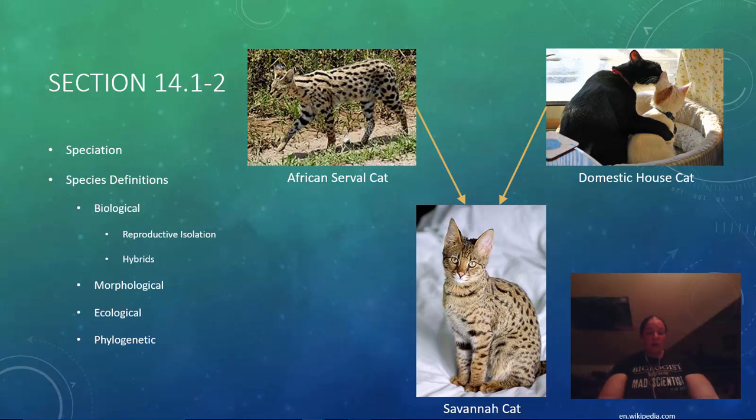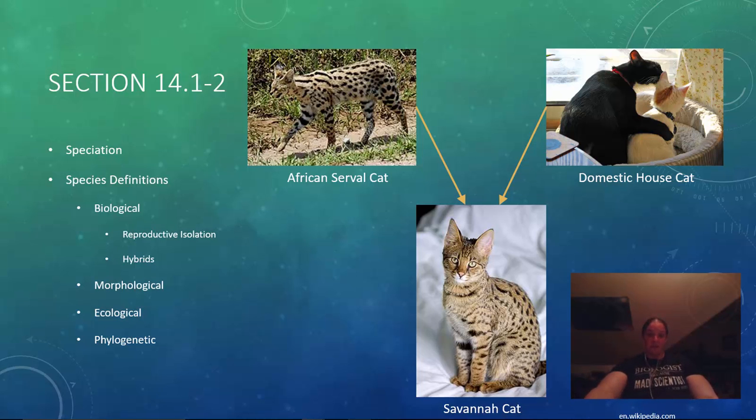Every once in a while, there are species that are closely related enough that if they find each other, say in the wild, they can reproduce with one another, and their offspring are called hybrids. You can also get hybrids that do not occur naturally and may be the result of artificial selection, say in the case of the savanna cat.